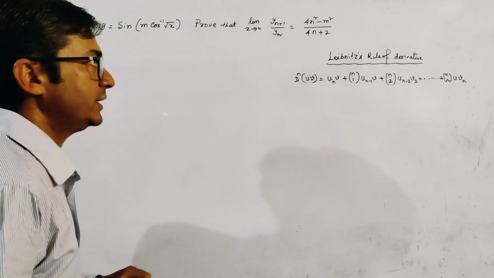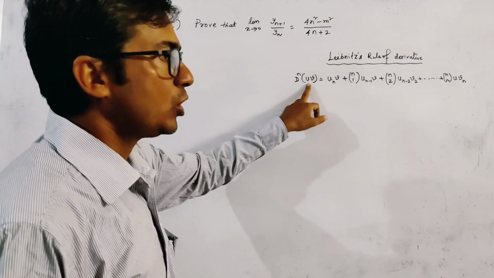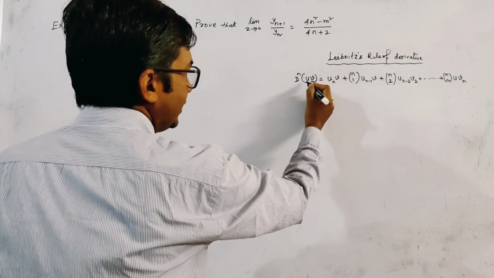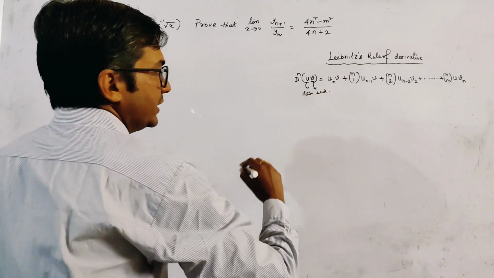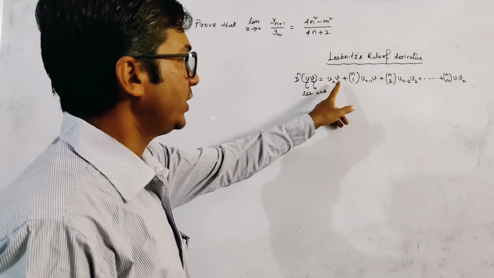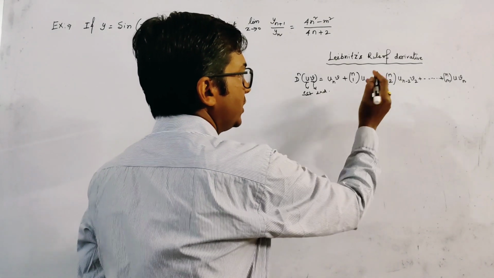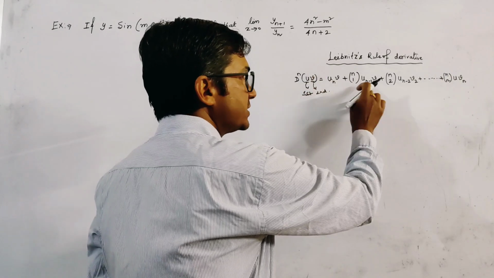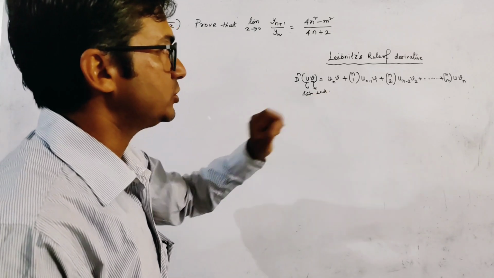It says that the nth derivative of uv, the product of two functions, where u is the first function and v is the second function, gives u_n v plus nC1 u_{n-1} v_1, and so on. The derivative of the first function is one order less than in the previous term and the derivative of the second function is one order greater. This is the Leibniz rule.